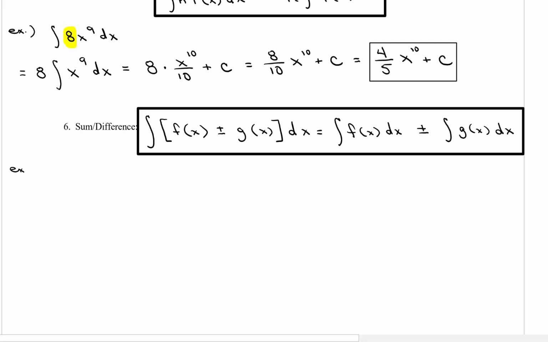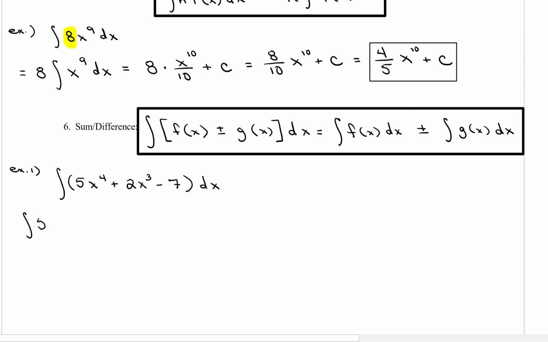All right, let's go ahead and do example 1 for this rule. The integral of open parenthesis 5x to the 4th plus 2x raised to the 3rd power minus 7 close parenthesis dx.